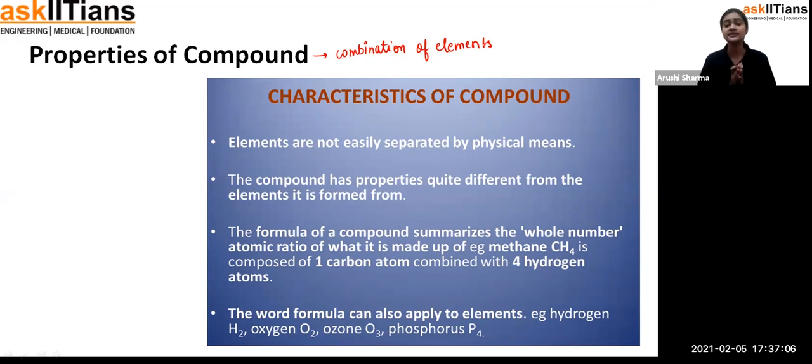Now we are going to discuss some more points about compounds. First of all, the elements in a compound are not easily separated by physical means.